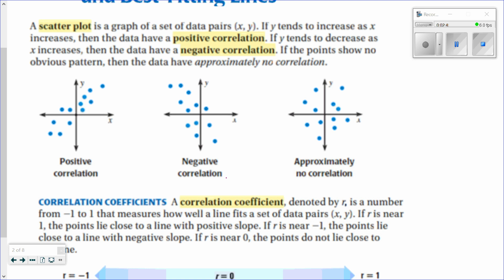For the negative correlation, as our x's are increasing, our y's are decreasing. For the last one, approximately no correlation, it's really hard to tell where the best line would be, whether it rises or whether it falls.